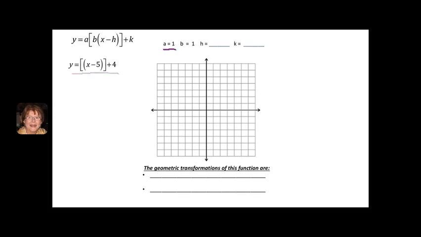The a and b remain 1 for both parameters. Draw the graph, determine the geometric transformations, and then on the next slide, you will verify your answer. I'm also providing a link to the memory aid tips that will help you for this, and you will see this in the next tile.